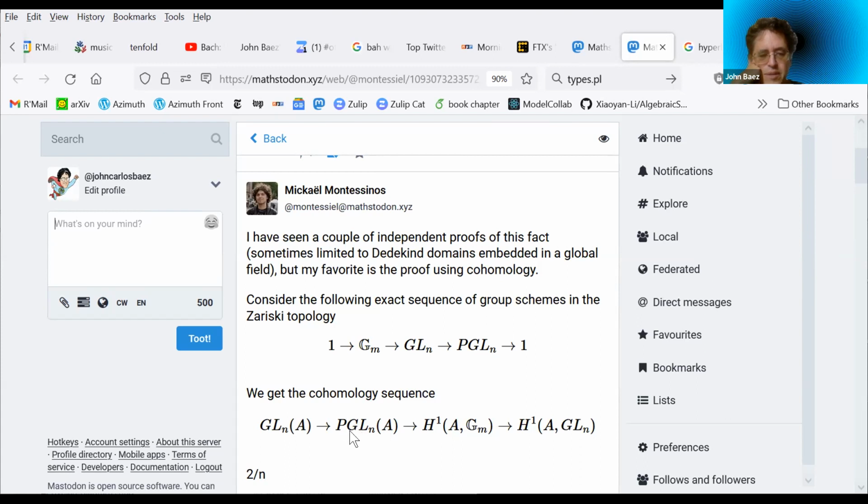So I believe the way it works is that in H0 of A with coefficients in PGLN, elements of PGLNA are included in there, but there's more stuff. I mean, what am I trying to say? That the ideal class group actually affects the interpretation of what projective spaces are.